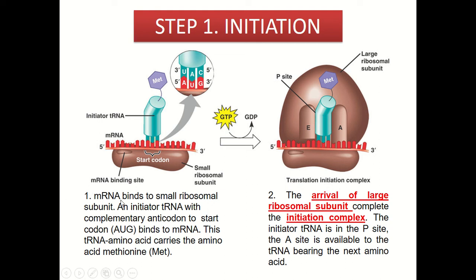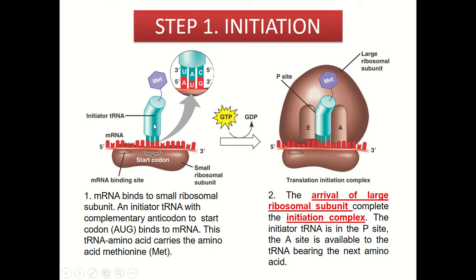So mRNA binds to the small ribosomal subunit at the mRNA binding site, and the initiator tRNA, the first tRNA that comes, brings the complementary anticodon here, blue in color, that will pair with the start codon, red in color, at the mRNA.